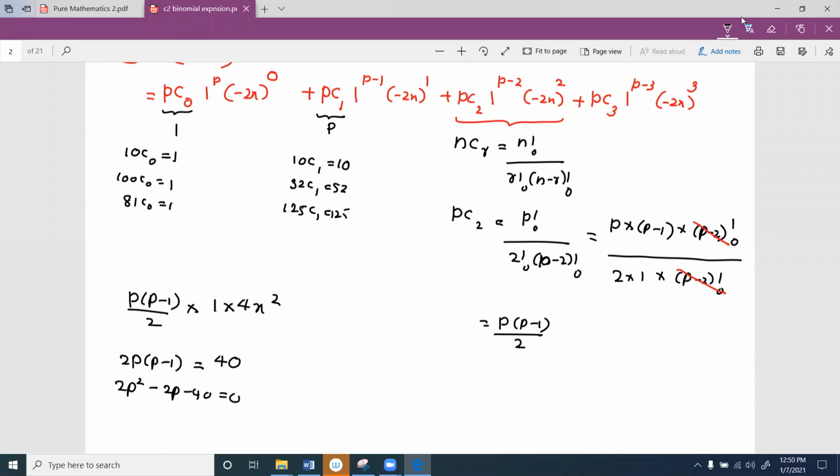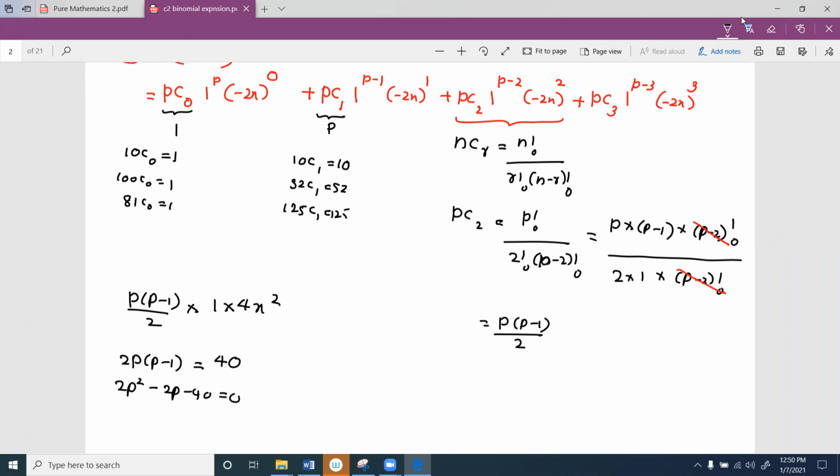One second. Have we made any mistake? 2p squared minus 2p minus 40. I think I made a mistake. Minus 2 and minus 40. Yeah, 5 and minus 4.